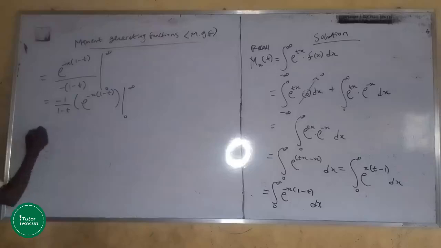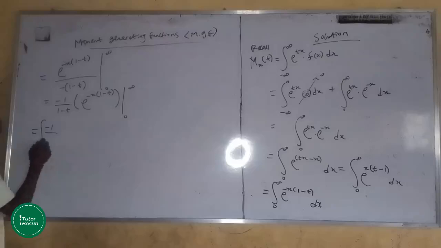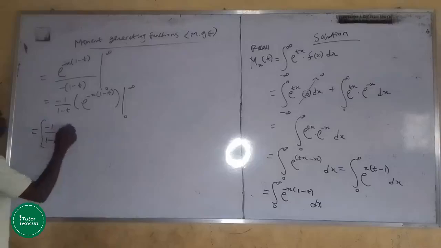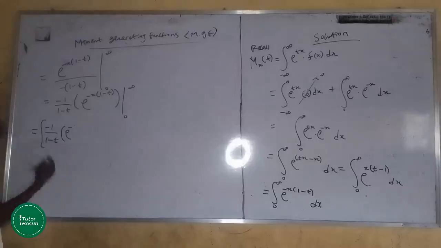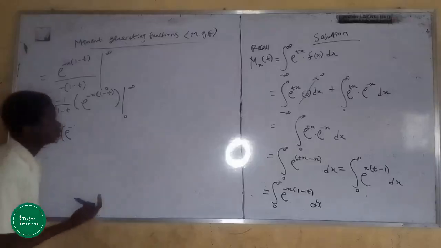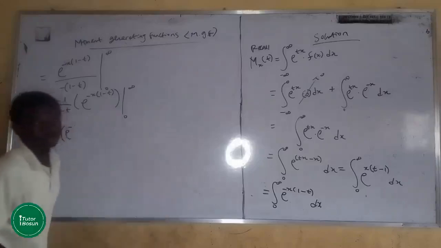By introducing our boundary condition, let's have a bigger bracket here. So here we have minus 1 over 1 minus t into exponential minus infinity into 1 minus t. Sorry, this is 1 minus t, because we are replacing for x and not t. Don't forget we integrated with respect to x.